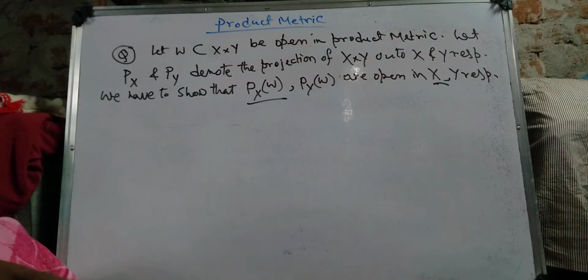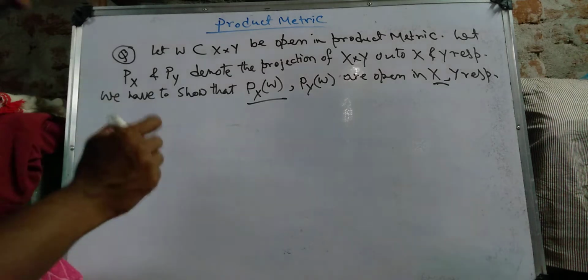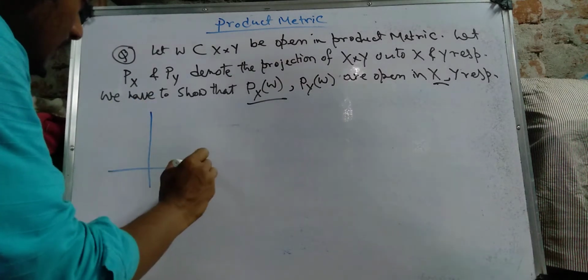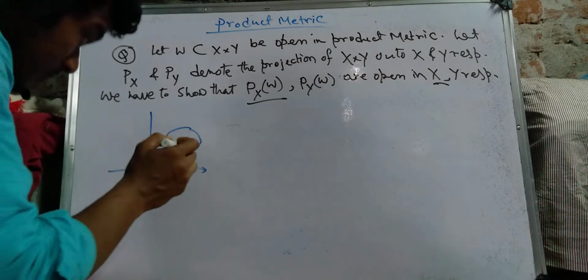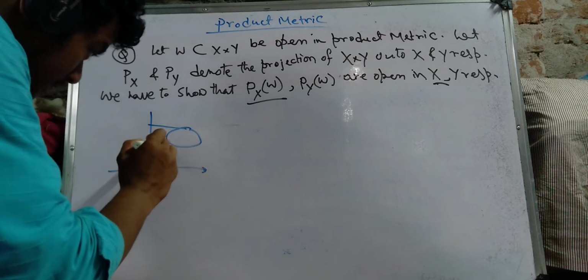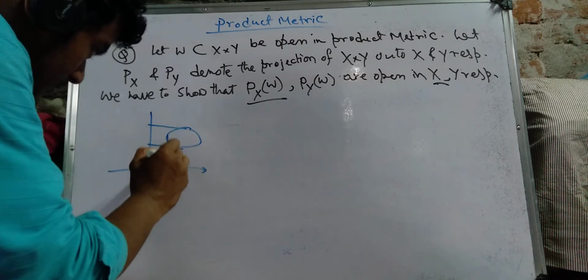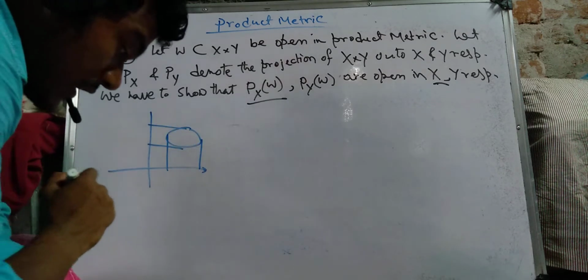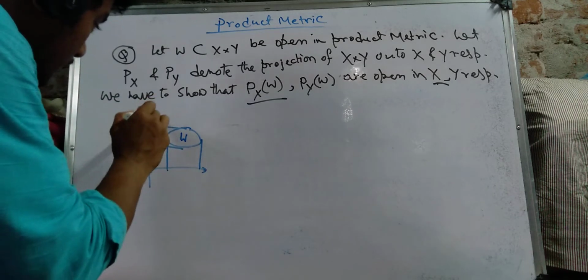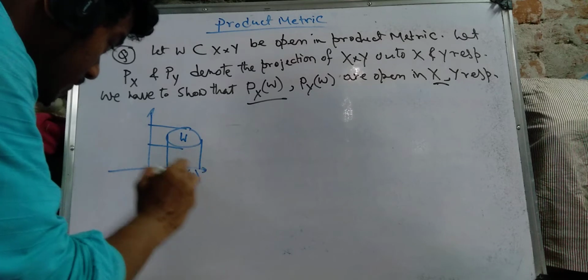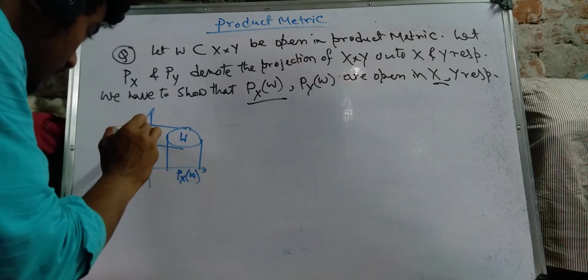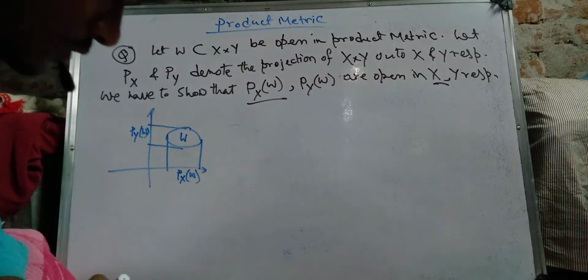Okay, how we prove it? We just draw this picture here. This one is the set W in X cross Y, this one is p_x(W), this one is p_y(W).